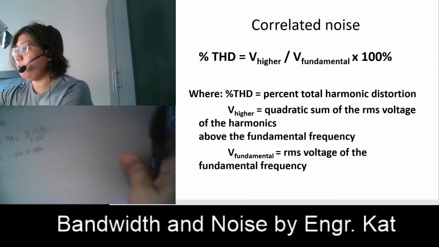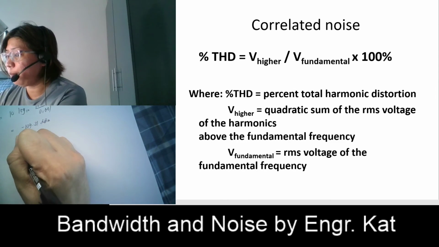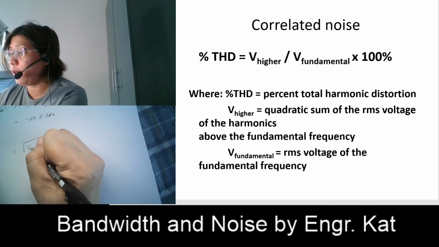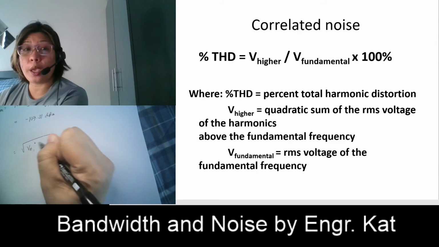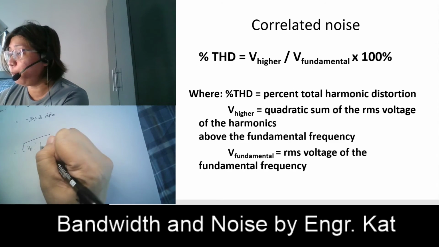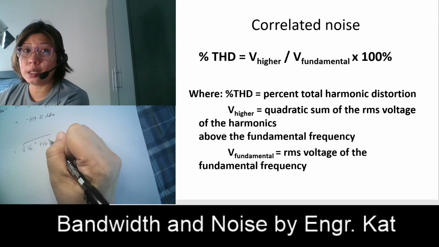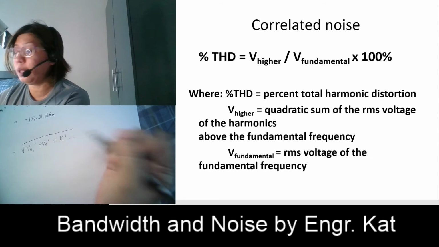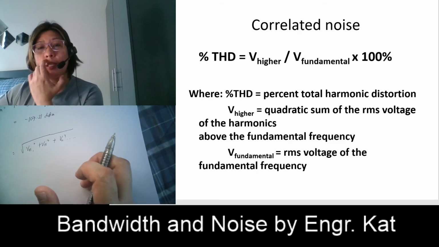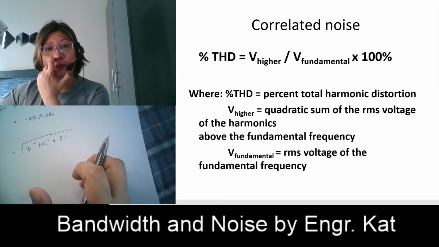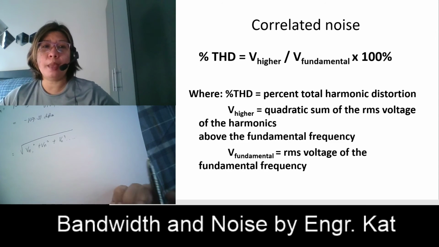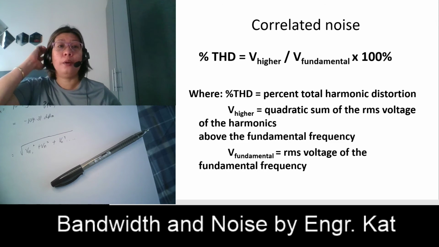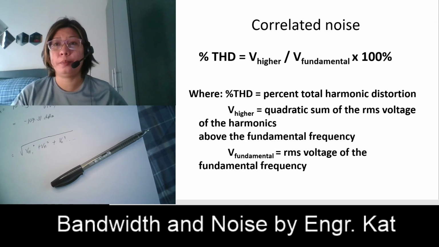It means the square root of V2 squared plus V3 squared plus the next harmonic and so on. So you get the quadratic sum of the RMS voltages. And V fundamental is the RMS value, the amplitude, of your fundamental frequency.